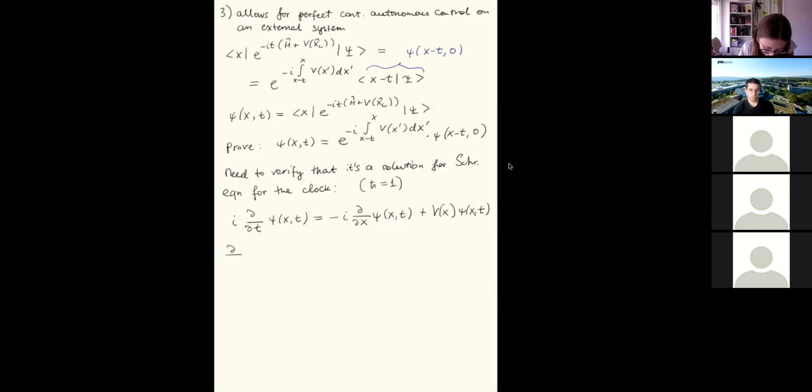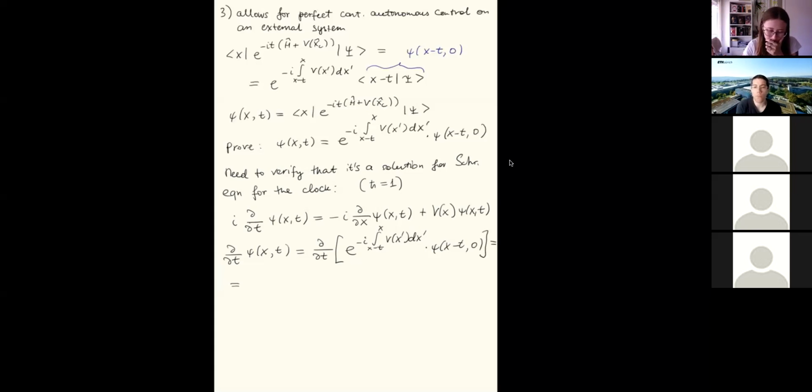Okay, so the first part is we're going to take the derivative with respect to t of psi of x, t. So this is taking the derivative with respect to t of the following. I'm deeply sorry, there is a wasp which keeps annoying me. So here we have this part. Then we take the derivative by parts.